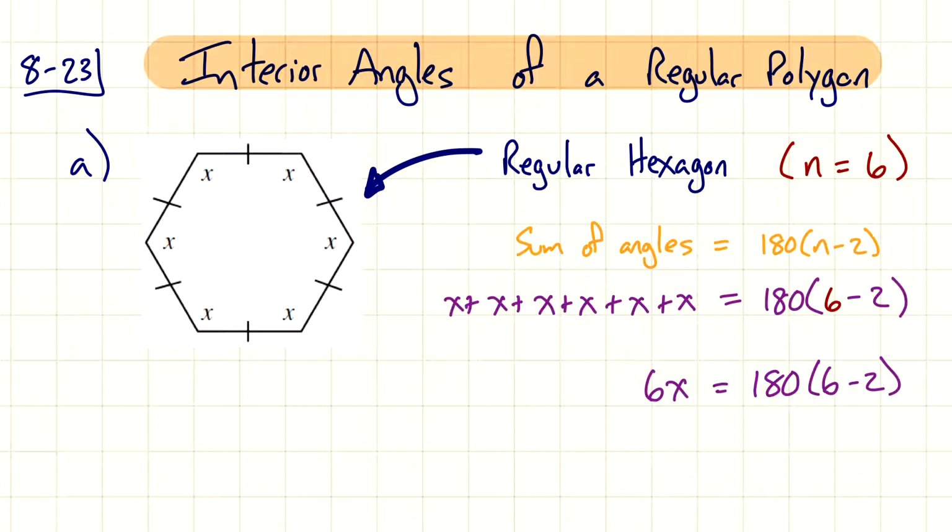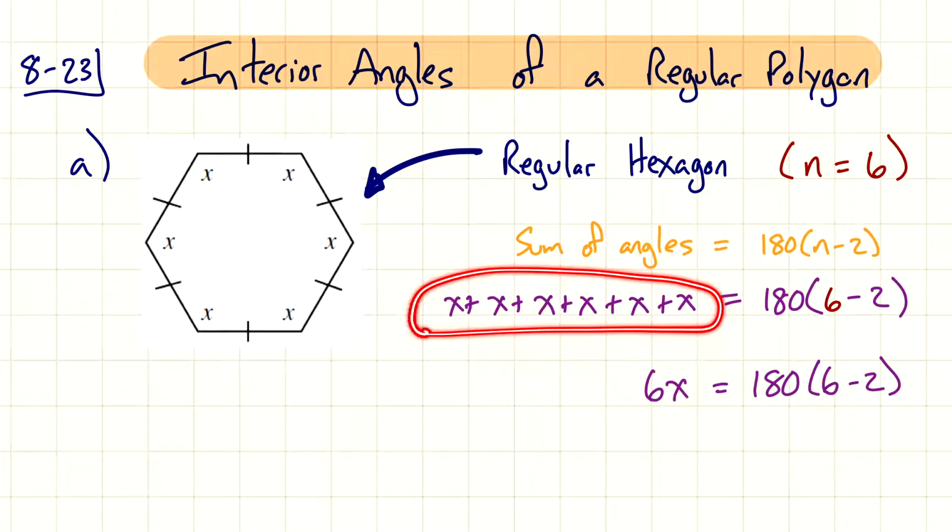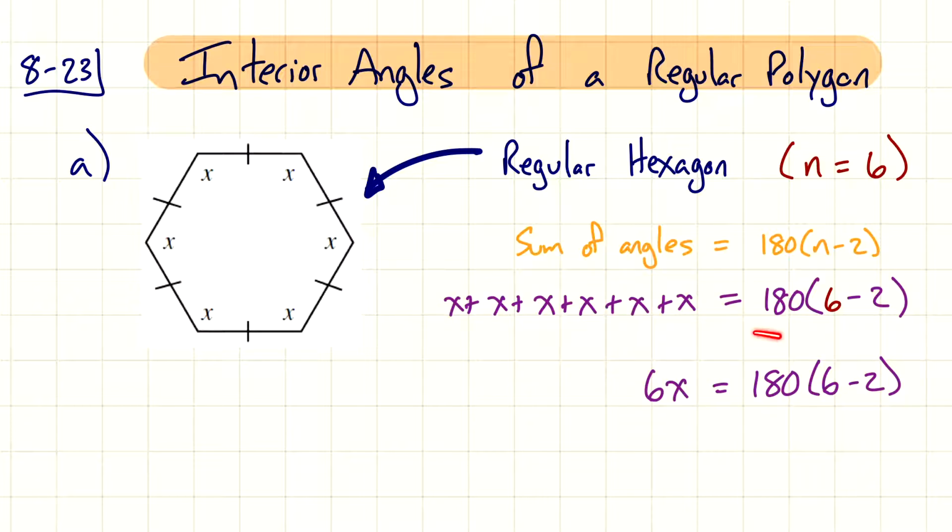So let's start with finding out what they all equal. The sum of the angles is going to be all these x's. If you notice, there's a total of 6 x's that make up the interior. If I add all those together, they should equal the result of this little formula we just created.